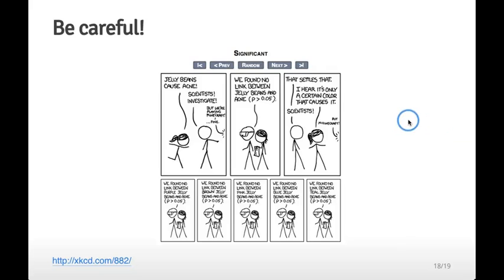So here's an example that's kind of a funny example. You can imagine someone coming up with a hypothesis that jelly beans cause acne. So scientists are going to investigate it, and they first just test and see if there's a relationship between jelly beans and acne, and the p-value is greater than 0.05.